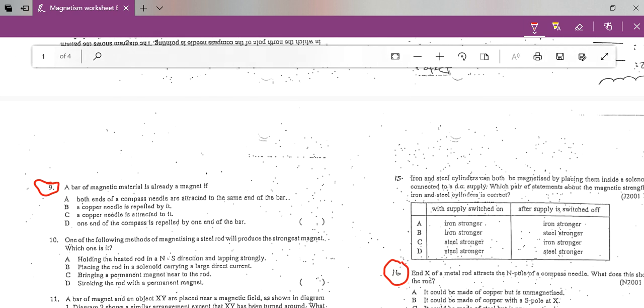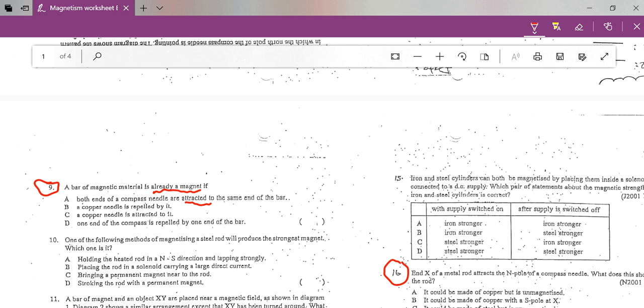A bar of magnetic material is already a magnet if, let's read, both ends of a compass needle are attracted. Again, the word attracted doesn't sound right to me. If it's attracted, then this is just a piece of magnetic material.